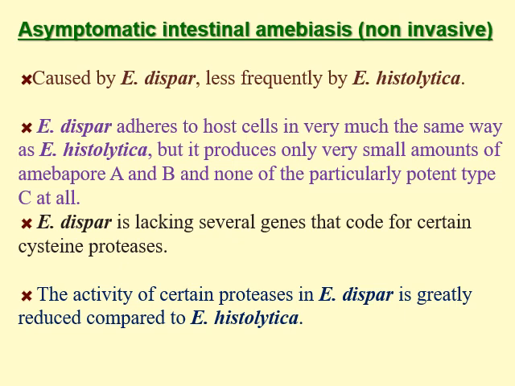Entamoeba dispar adheres to the host cell in much the same way as Entamoeba histolytica, but it produces only very small amounts of amoebapore A and B and no potent type C at all. Also, Entamoeba dispar lacks several genes that code for certain cysteine proteases. The activity of certain proteases in Entamoeba dispar is greatly reduced compared to Entamoeba histolytica.